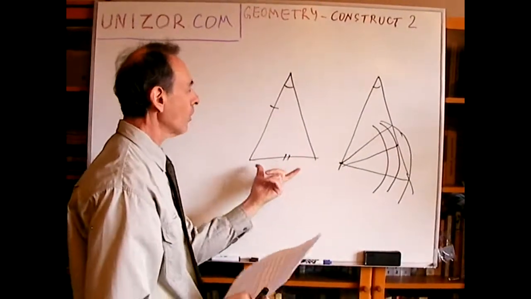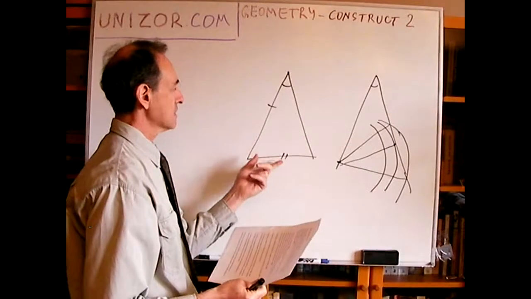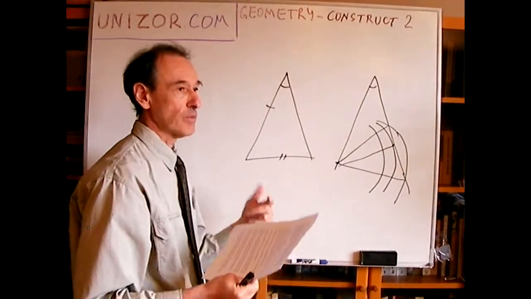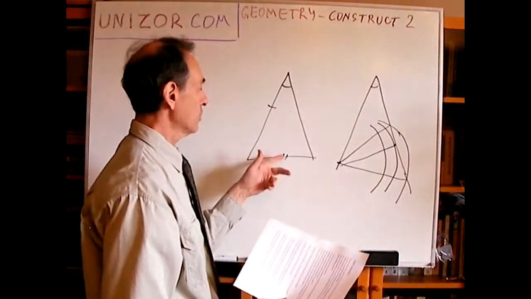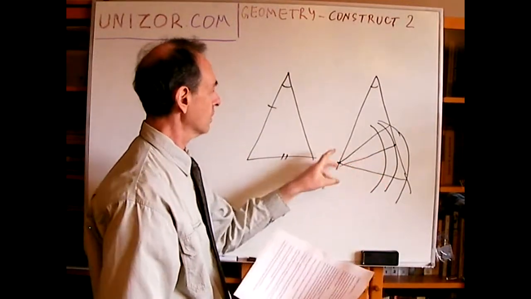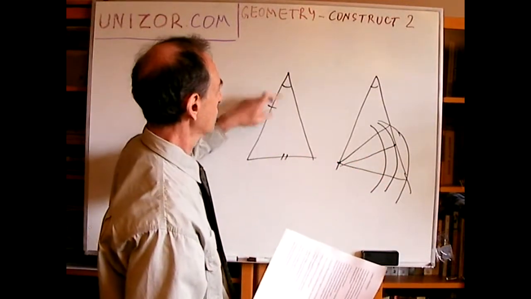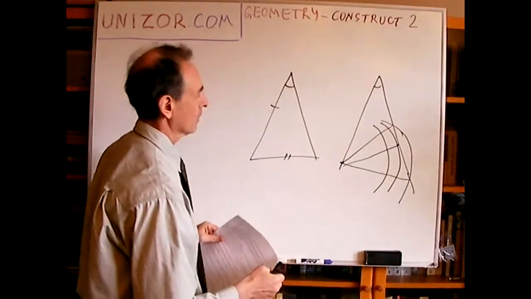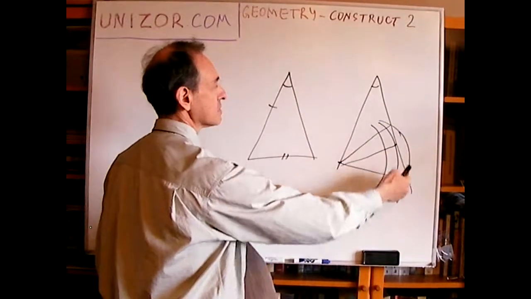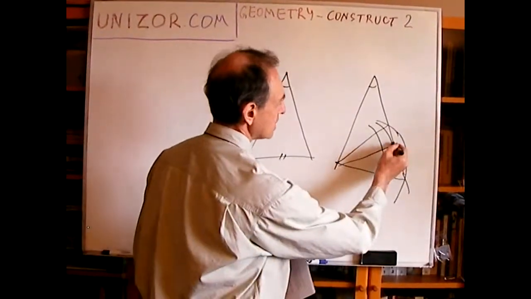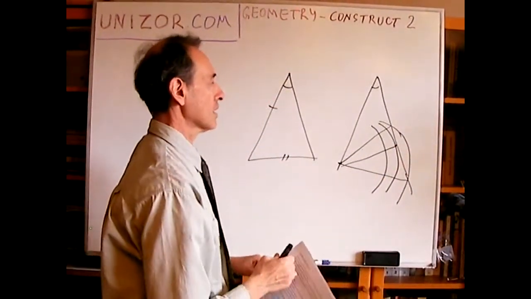So not all the combinations of segment, segment, and angle will give a solution or solutions. Sometimes you can have no solutions at all if this is too short for this particular angle, or it could be too long, and then you will have two different solutions, or it will be just equal, in which case you will have only one solution.